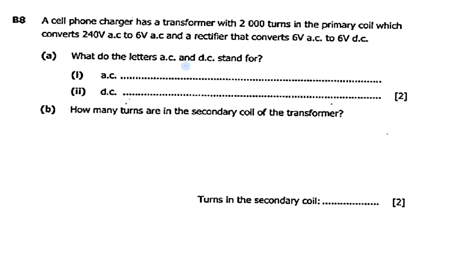So what do the letters AC and DC stand for? Remember I told you, AC stands for alternating current, and DC stands for direct current. The next one you already know how to solve.